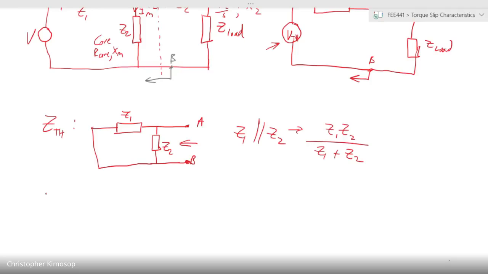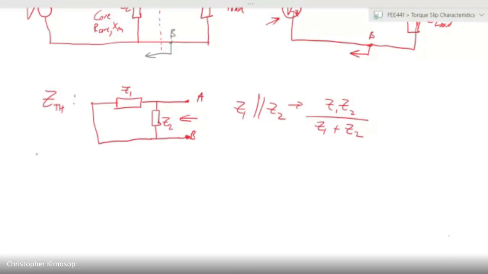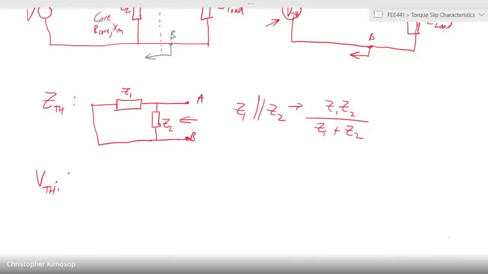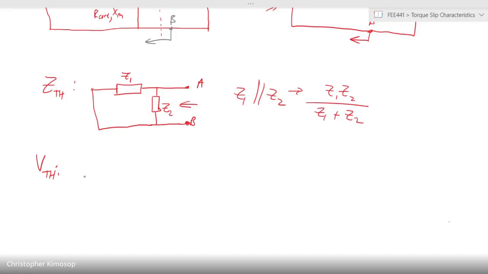Similarly, we can look for our Thevenin voltage. In order to get our Thevenin voltage, we can slightly relook at how this circuit appears. If we rearrange it slightly, initially it looks like that.